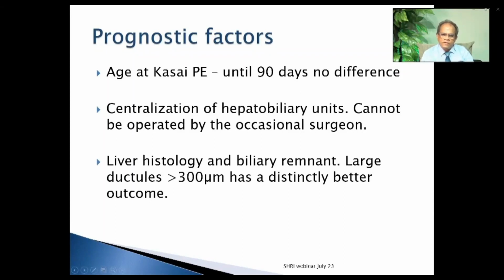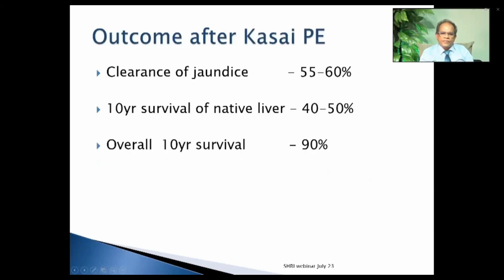On liver histology, if the ductules are more than 300 micrometers, then the prognosis is distinctly better than if they are less than that. The usual outcome after Kasai procedures is clearance of jaundice in about 50 to 60% of patients within a month or two of surgery, and the 10-year survival of the native liver is about 40 to 50%.